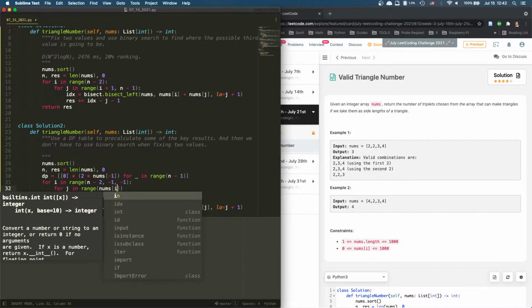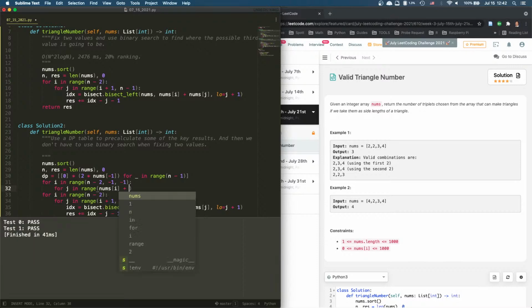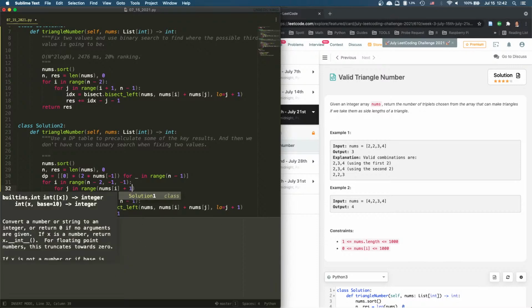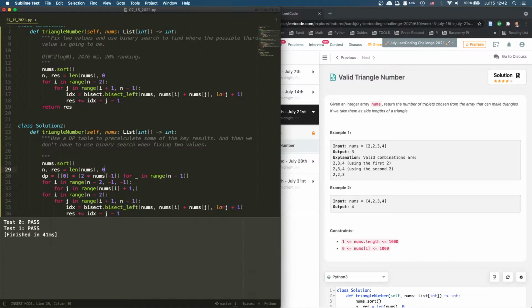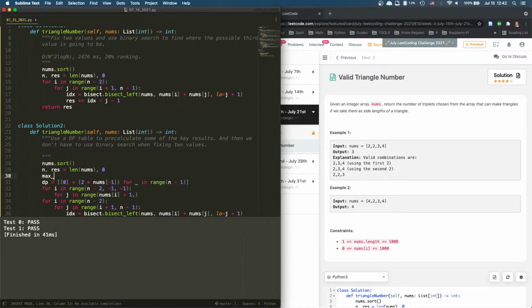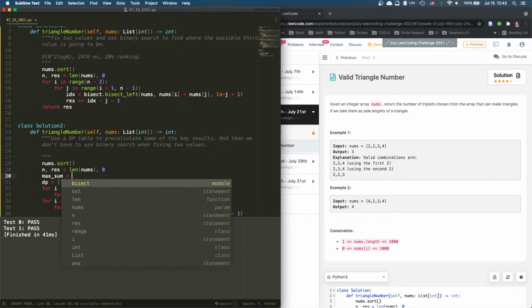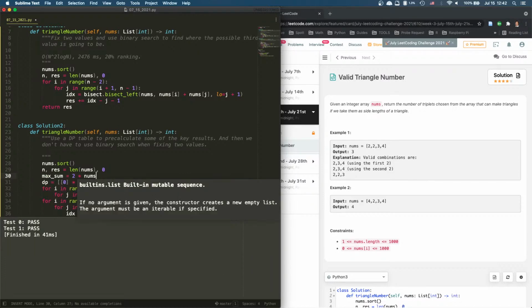Nums i actually is nums i plus 1, all the way to the end. Where is the end? So the max sum is going to be 2 times nums minus 1.